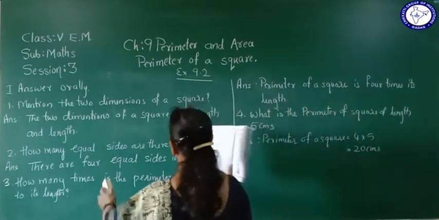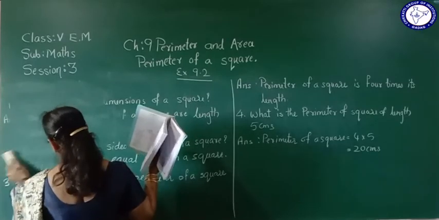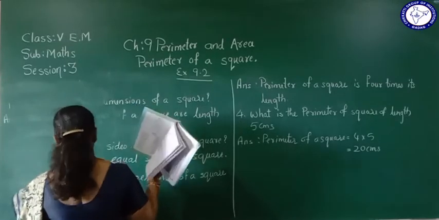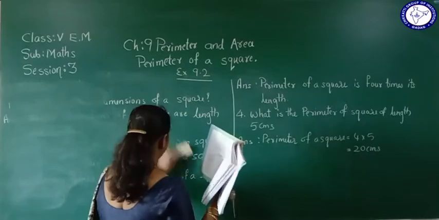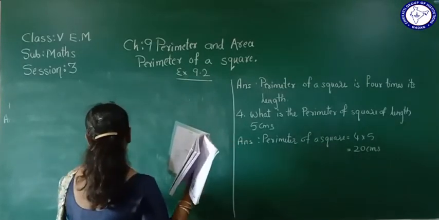Then let me go to the second main question. Here some objects from our day-to-day life are given. We should find the perimeter of those objects.